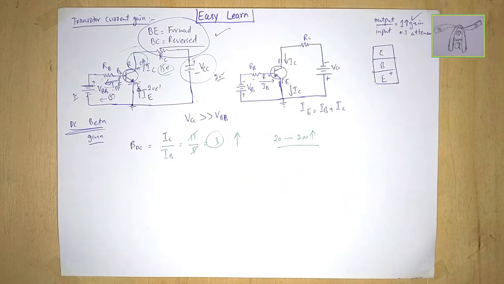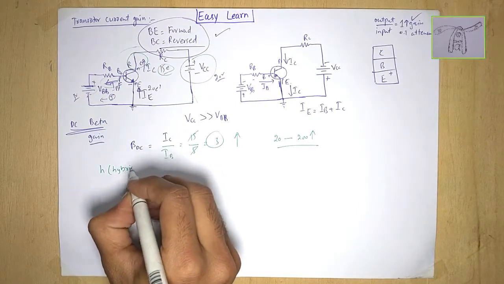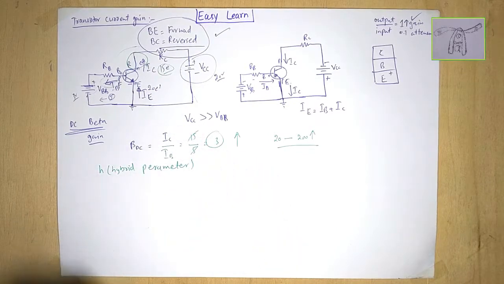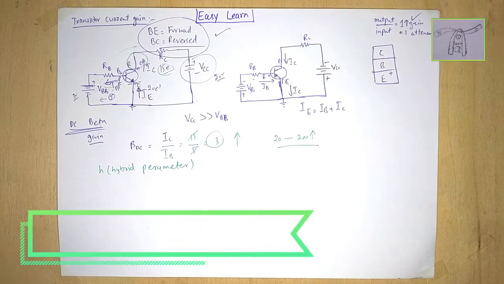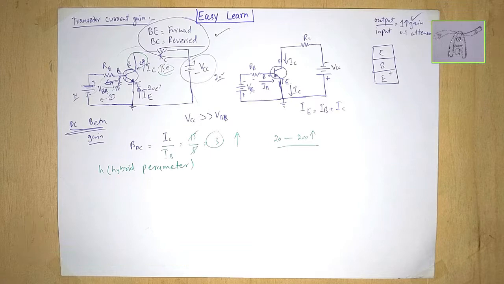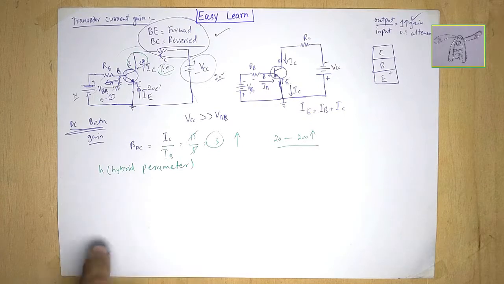One more important thing to tell over here is the hybrid parameter. This beta DC is a hybrid parameter. What is meant by hybrid parameter? We will discuss and cover this in another series in detail, but right now, hybrid parameters are those parameters that are used in the case of amplifier characteristics, such as to calculate the voltage gain, input and output resistance, gain, etc. The major advantage of using the hybrid parameters is, number one, that the values of the circuit components are easily available.